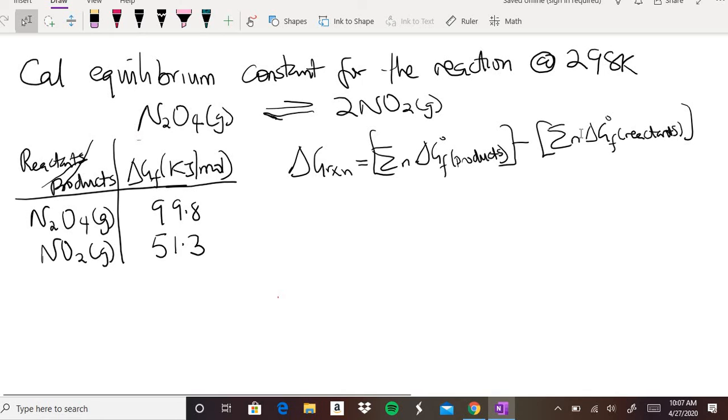Right, so we want to take another example: calculate the equilibrium constant for the reaction at 298 K. We don't need any conversion for this because this is already in Kelvin.